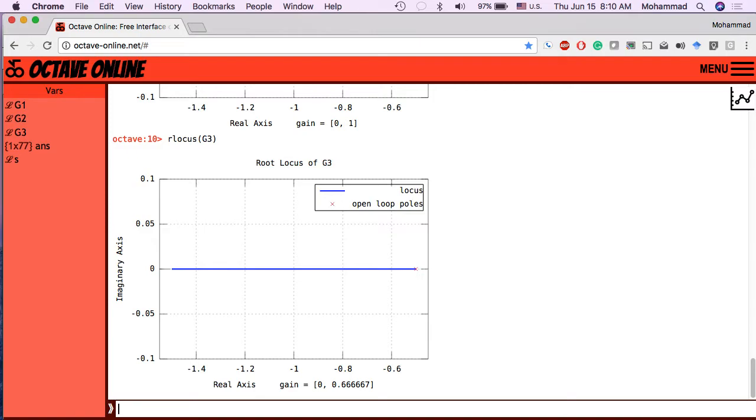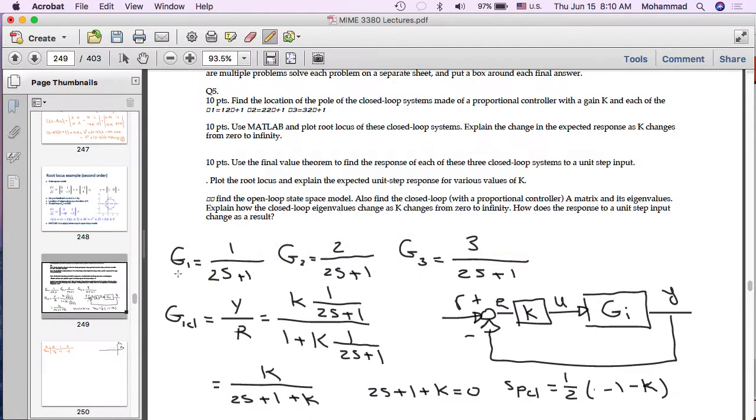It still starts from -1 and goes further to the left. So the expected change in response is similar for these three transfer functions. So then you may ask, what is the difference between these three?